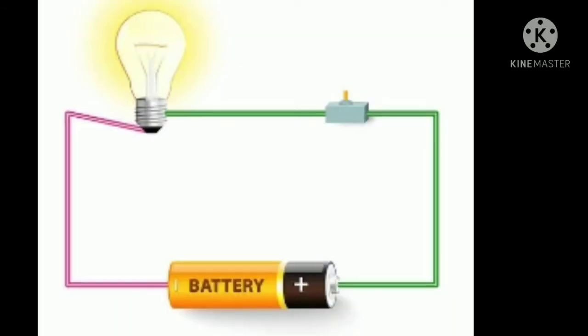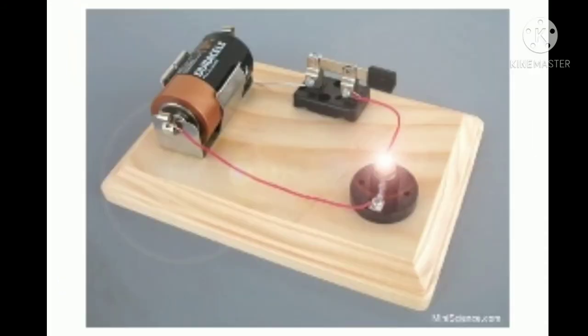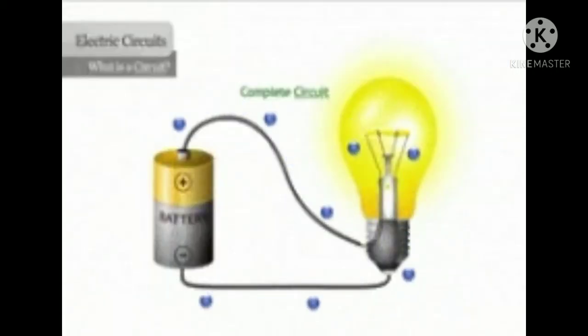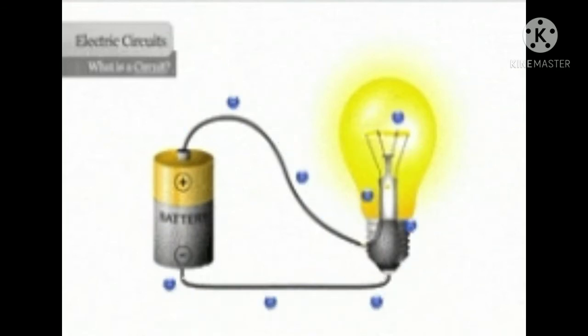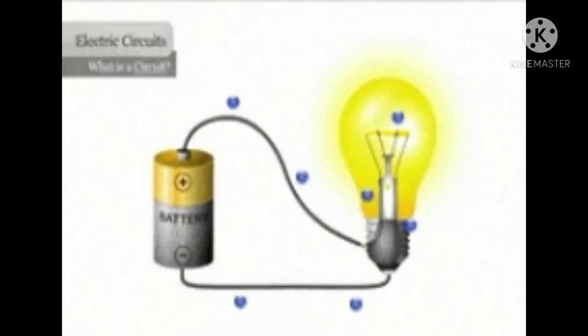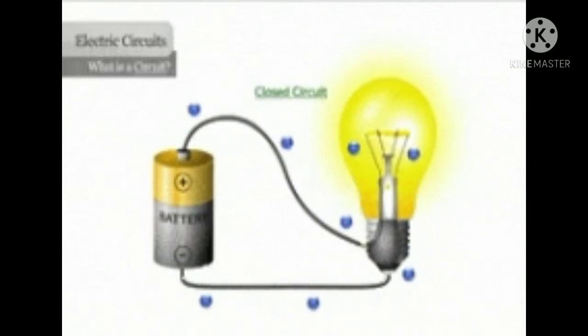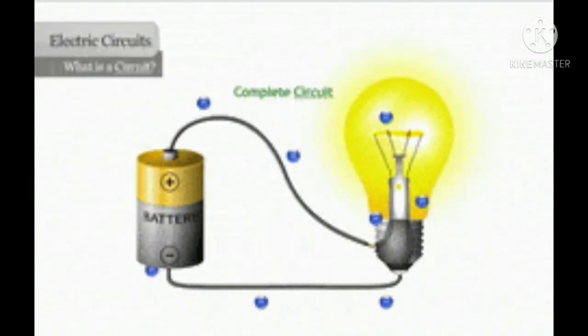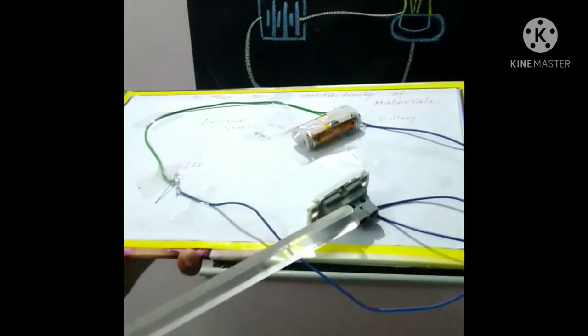In the same way, when two terminals of a battery, which are at different potential, are connected by a metallic wire, electrons will flow from the negative terminal to the positive terminal. The path through which electrons flow from one terminal to another terminal of the source is called an electric circuit.